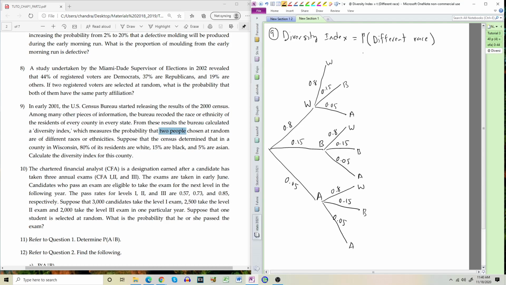We want the diversity index, we only want different race. So we will go to white, black, white, Asian. We cannot go white and white because it's the same race. We compute all these things.